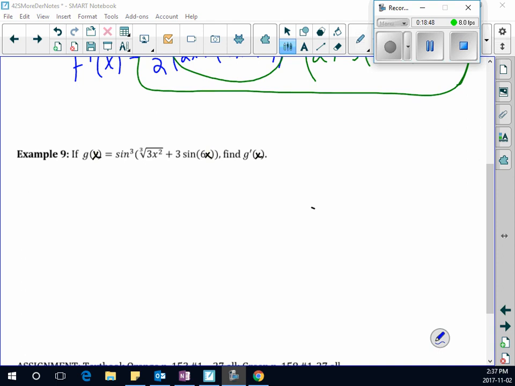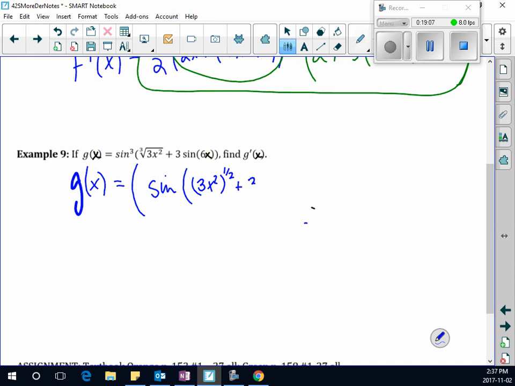Okay, so what is the outside term? I'm going to actually write this because there is a 3 there that might get people screwed up at the very get-go. So it's sine of 3x squared to the power 1/3 plus 3 sine 6x bracket.